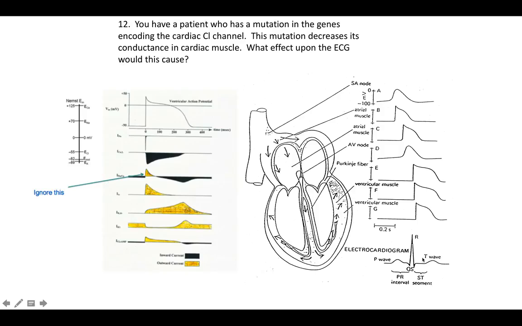Another way of saying that is that your QT interval will increase, and you'll get long QT syndrome, as was demonstrated in the exercise that I gave you to work through. So that's what you would see on the EKG or ECG: a longer QT interval or a longer ST segment.